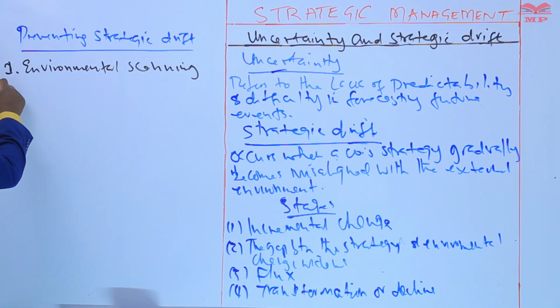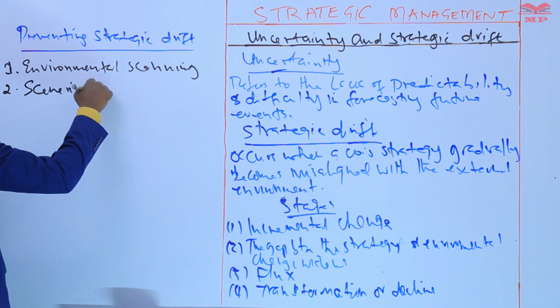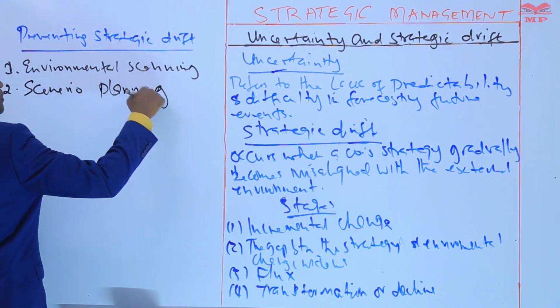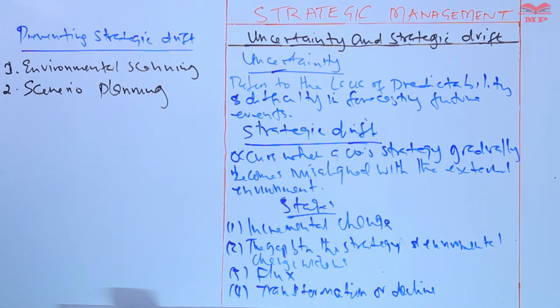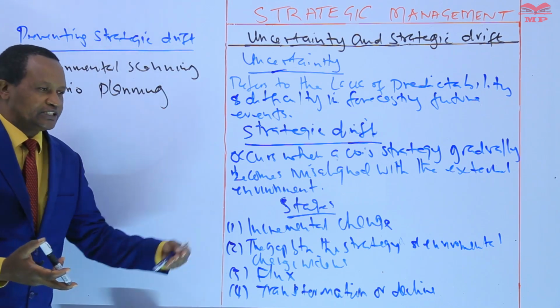Another way is to do what we call scenario planning. That is to say, develop different scenarios for the future in order to anticipate potential changes and prepare for various contingencies.